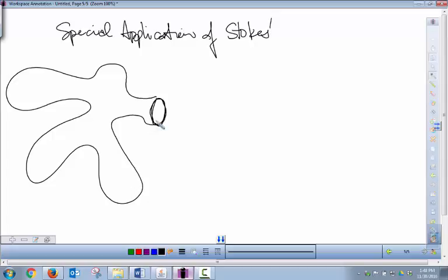So let's say you had some weird looking open surface, and orientation doesn't really matter, but let's give it an orientation.